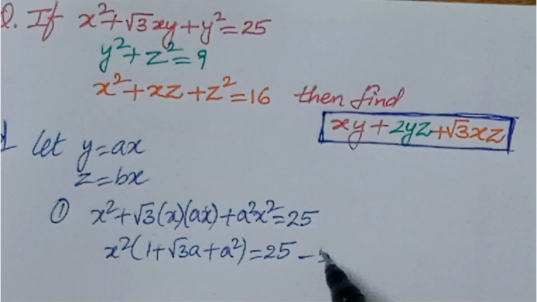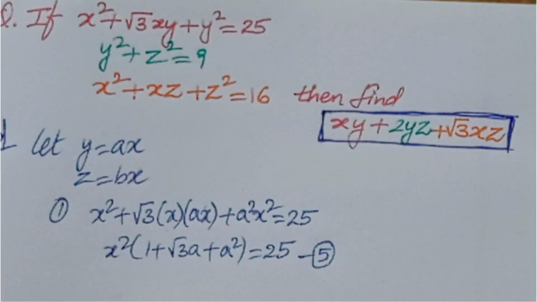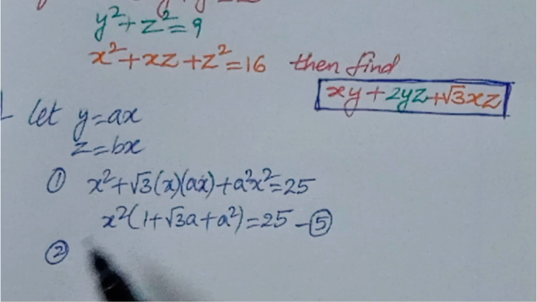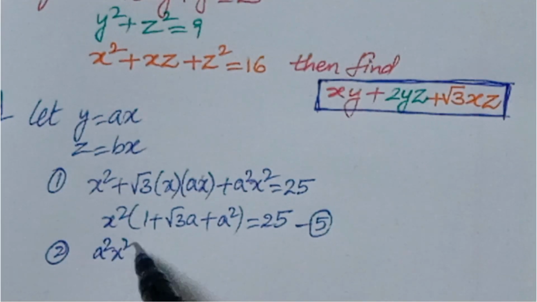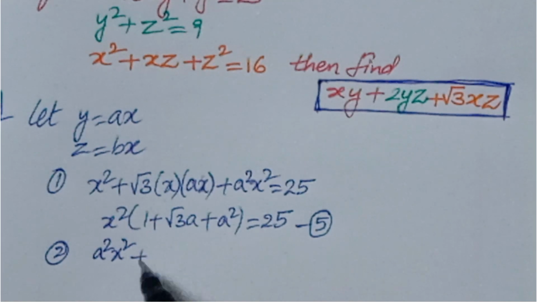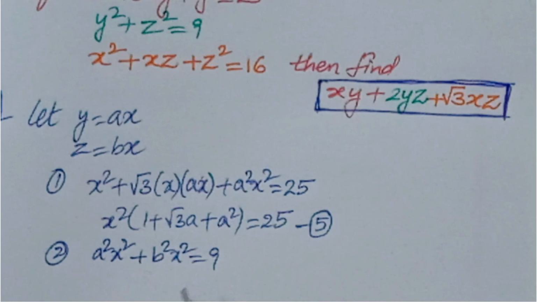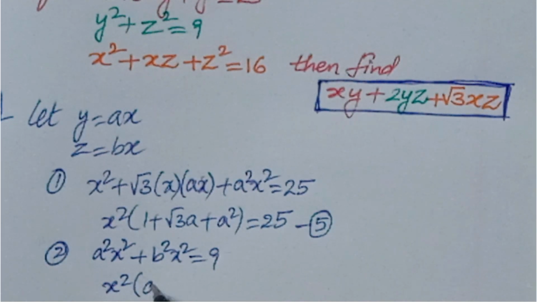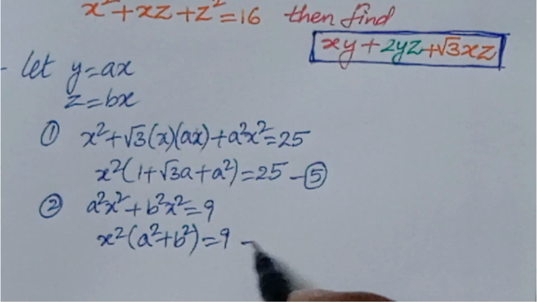Let it be 5. So taking 1, 2, 3, 4 equations, it is the fifth one. Now if you take the second one, if you substitute the value, a square x square plus b square x square is equal to 9. So here x square common, a square plus b square is equal to 9. Let it be 6.